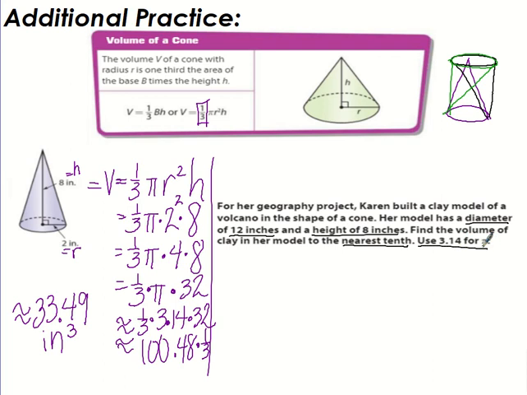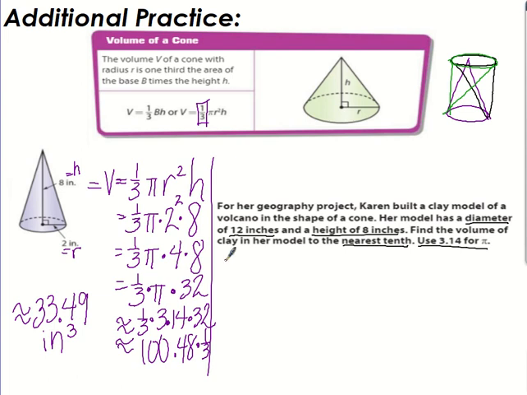So for this one, I want you to pause. I'm not going to start it at all, set it up for you. I want you to set it up, start it, do it, and then maybe even push play a little bit as you go so you can check as you go. All right, I don't want you to get to the end and it's completely wrong. So do a little bit, push play, see what I did, do a little bit, push play, so on, okay?